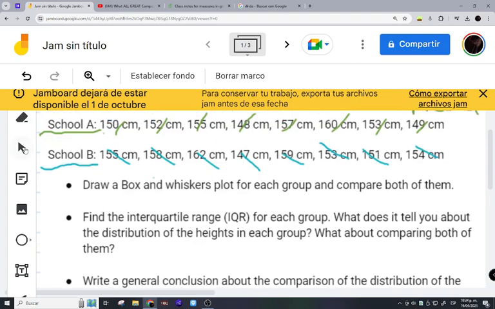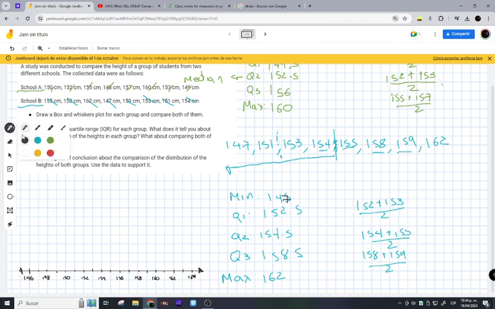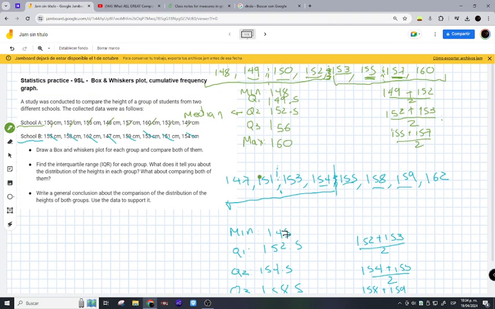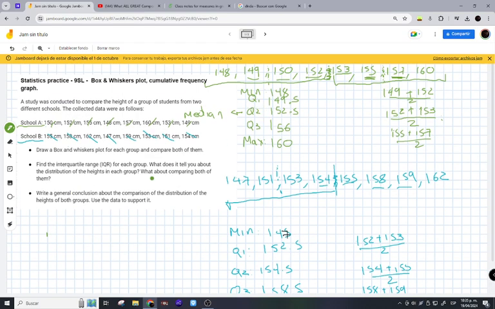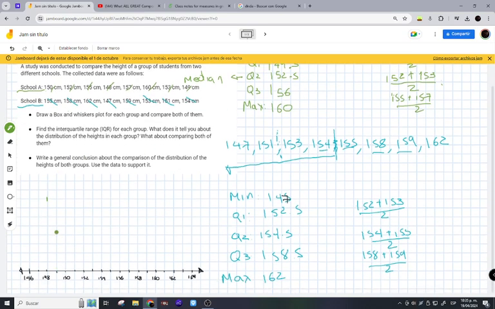So again, school A, I'm gonna do it with green. Okay, green. Minimum 148, exactly over here. Q1 149, which is here, 0.5 is going to be Q1. Q2, which is the median, 152.5, approximately over here.